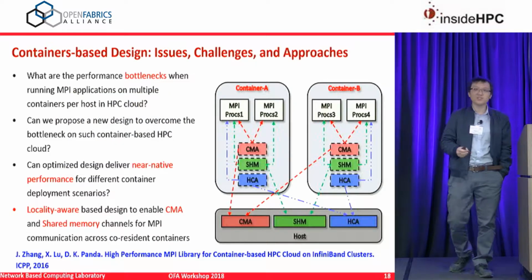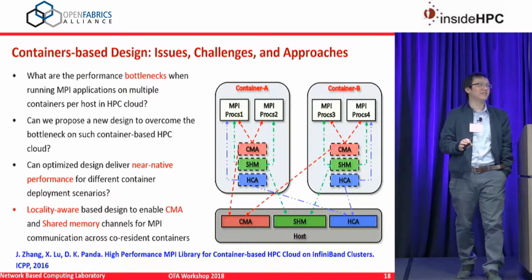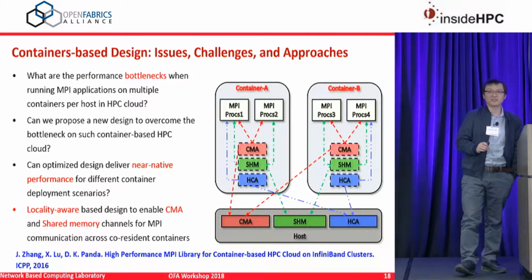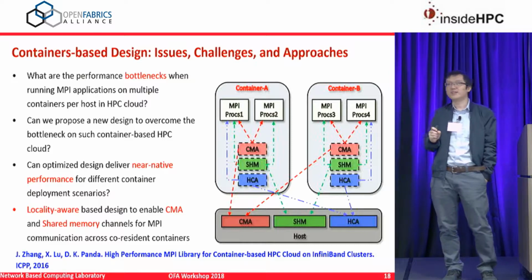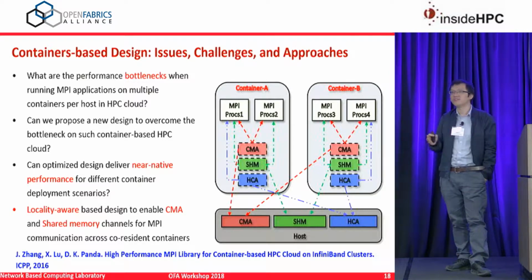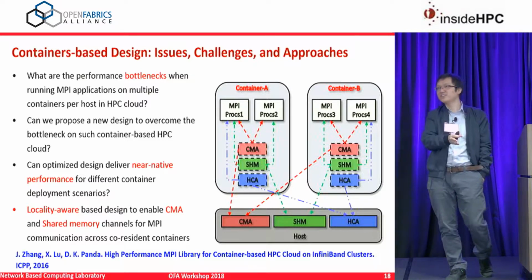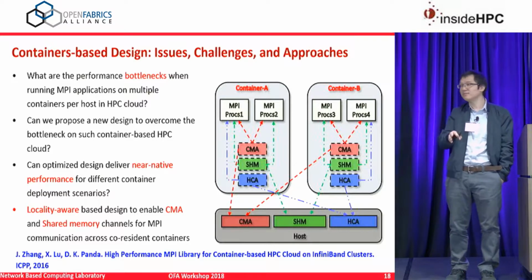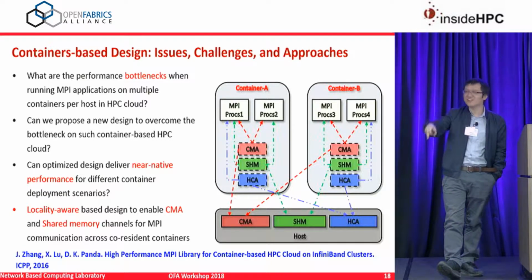Now the question is, in a container environment, are there any challenges to getting near-native performance? The answer is yes. For example, let's say Docker. In Docker, by default, they isolate certain things, okay? For example, they isolate your namespace. So Docker instance A and Docker instance B, even if they're on the same node, you still don't know that there's another rank in another Docker running on the same node.